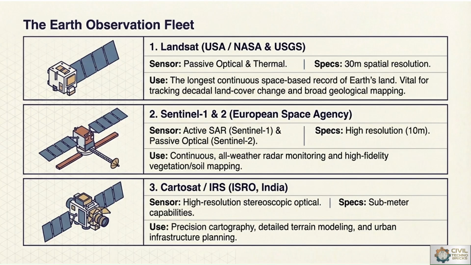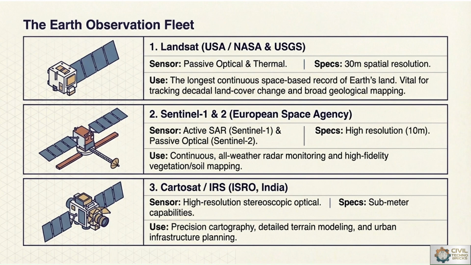Here Sentinel 1 and Sentinel 2 are with the high resolution of 10-meter, and they collect the data efficiently. We are using that data continuously for all weather conditions, radar monitoring, and high fidelity vegetative or soil mapping conditions.